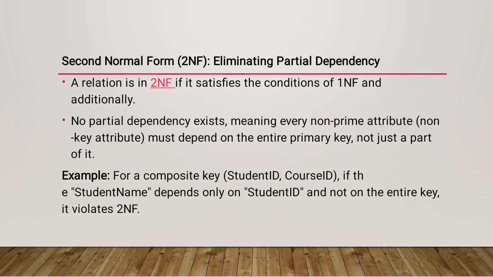That means it must depend on the entire primary key. For example, if a table has student id and course id, the student name depends on the student id, not the course id.